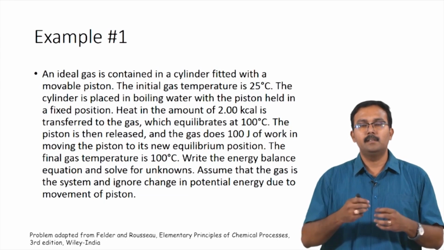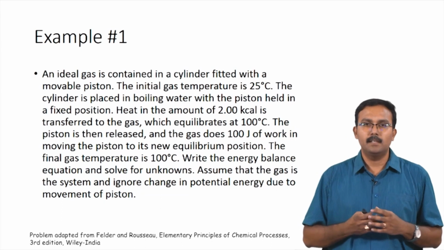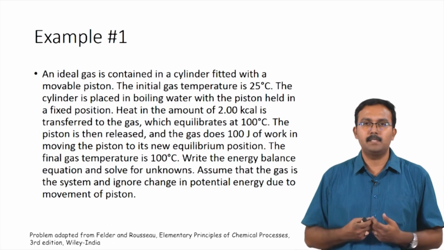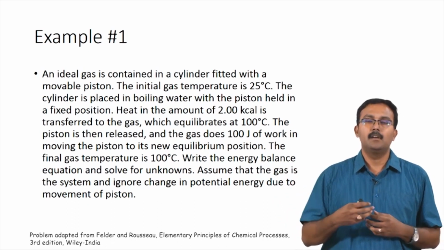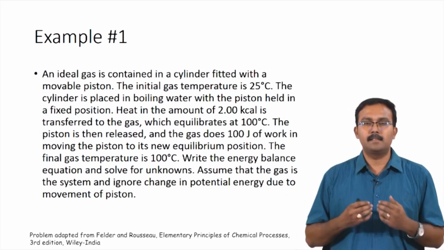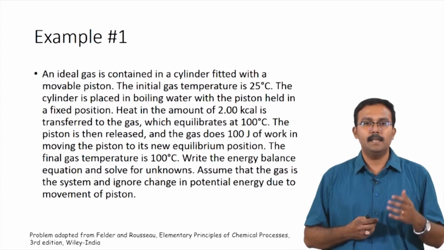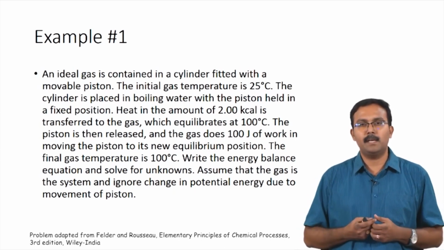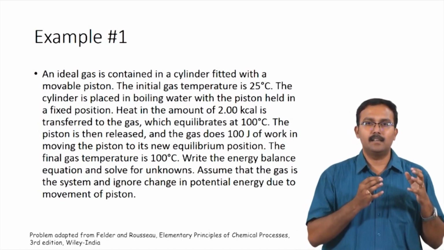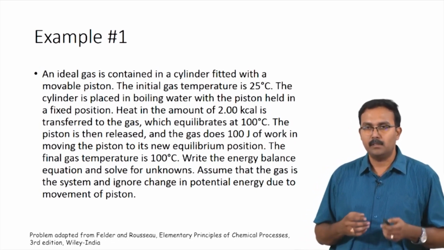After this process, the piston is allowed to move, which means the gas expands and 100 joules of work is done on the moving piston, and this results in a final equilibrium position where the piston rests. At this condition the temperature is again 100 degrees Celsius, indicating that this is an isothermal expansion process. So, we are asked to calculate the unknowns in the energy balance equations for both these processes. Let us try and do this for this problem.